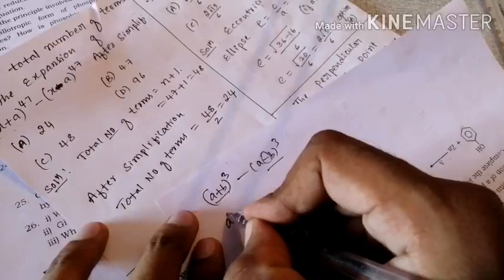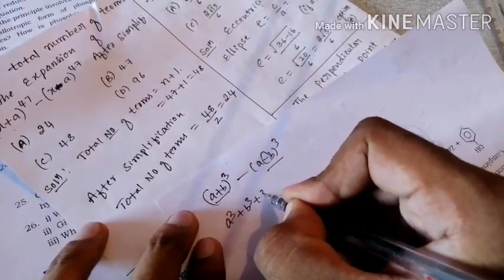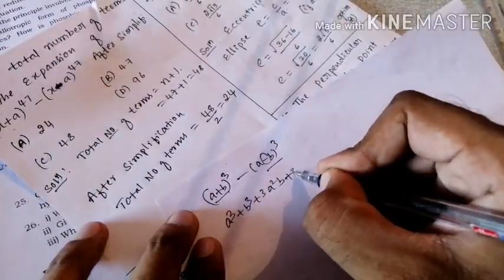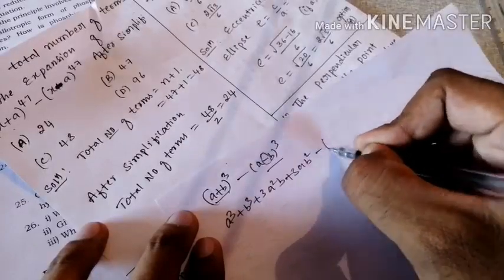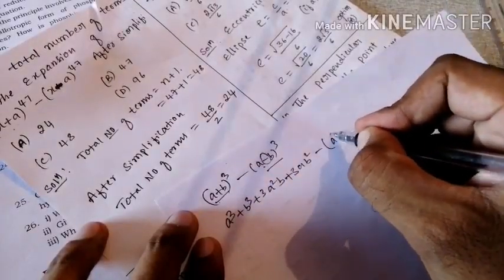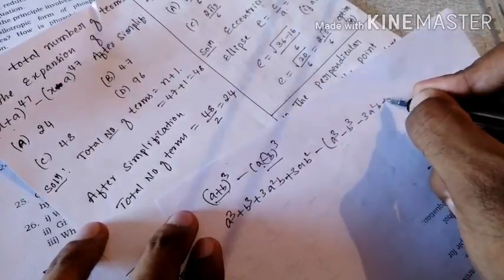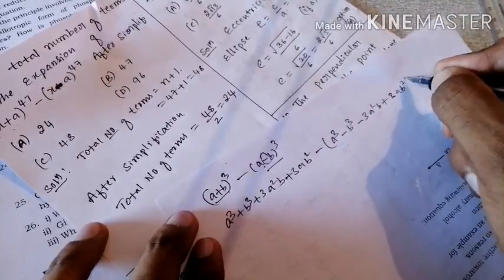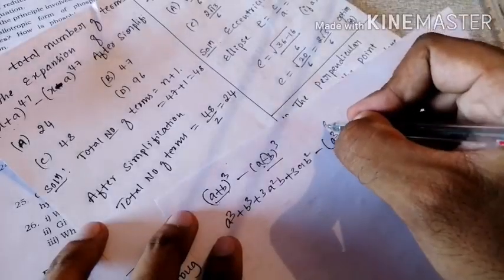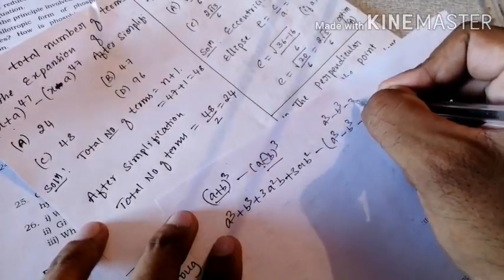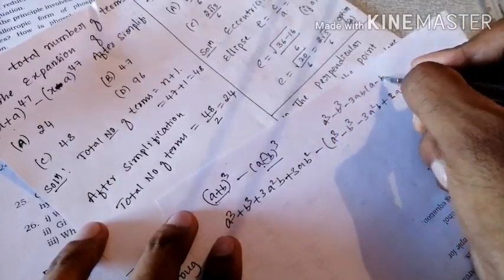Expansion for this is a cube plus b cube plus 3a square b plus 3ab square, minus the expansion for this, a cube minus b cube minus 3a square b plus 3ab square. That is a cube minus b cube minus 3ab into (a minus b), like this.